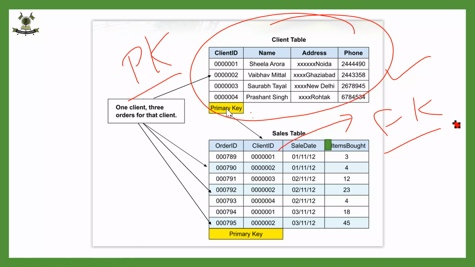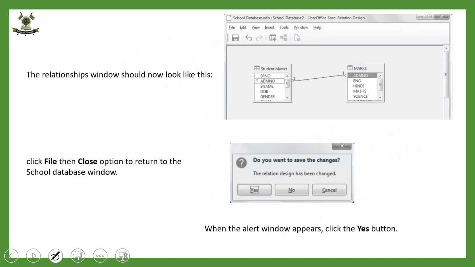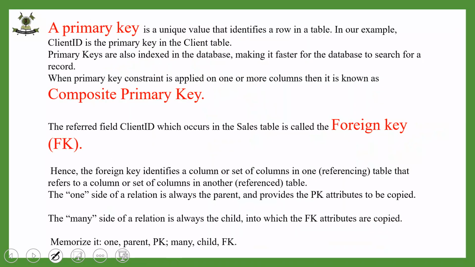So I hope you have also understood the concept of primary key and foreign key with the help of this relationship. It basically means that client ID is unique here. You can see client ID 1, 2, 3, 4. They are all unique. But the same 1, 2, 3, 4 client IDs are repeated here, so that means it becomes a foreign key. Now one more thing to notice here: the concept of primary key and foreign key I've already told you, and what is a composite primary key.